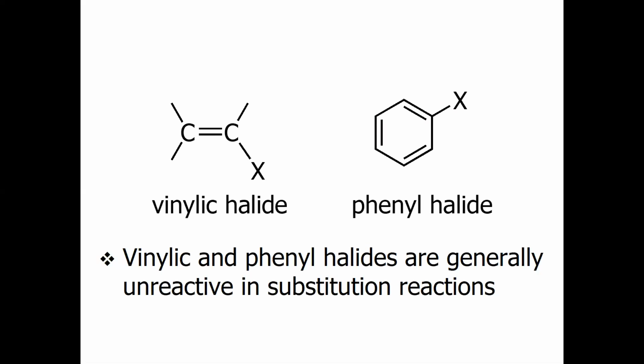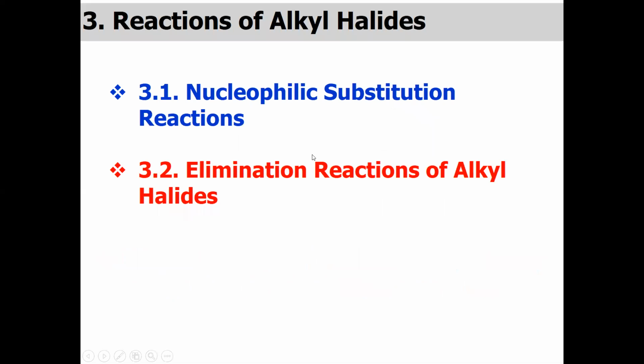Similarly, vinylic halides and phenyl halides are generally unreactive in substitution reactions because they are resonance stabilized. So it is difficult to substitute the halide which is directly bonded with these types of carbon, right?